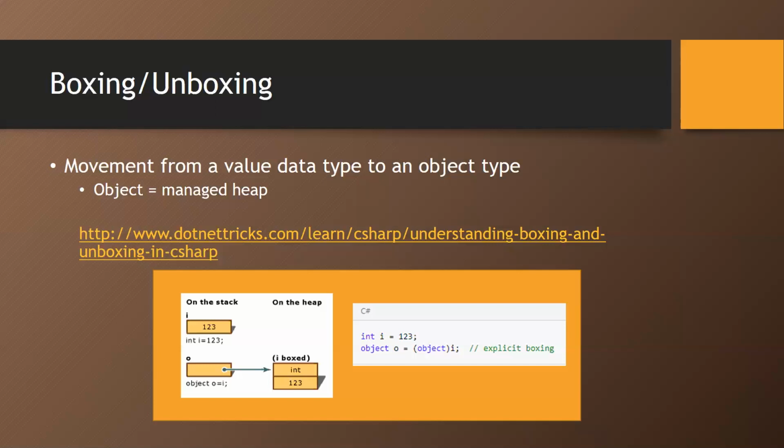So it's moved from the stack onto the heap. Then if we're done using that object O, our garbage collector is going to come along and get rid of that stuff. But if we turn around and use I as an integer again, it's going to have to be unboxed. So it's going to be taken off the heap and put back on the stack.